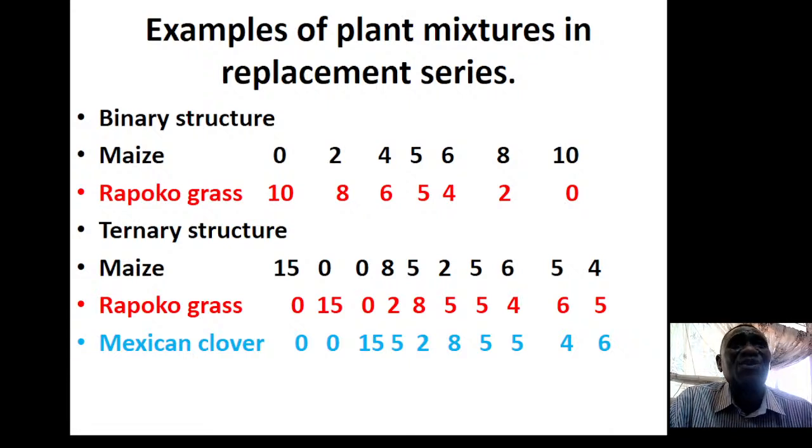And you can have those proportions. But we are not going to follow the ternary structure. We will follow the binary structure. Please note that if you add the number of maize plants and the rapoko plants, the total should always be 10. You can try it. You will find that the total is 10.